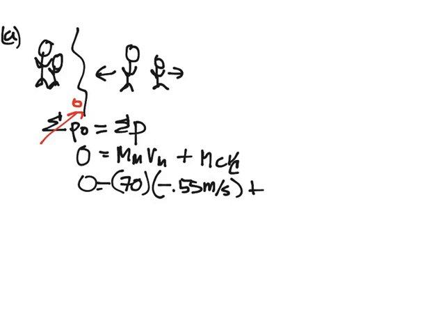Okay, and then the mass of the child we know is 35 kilograms. We don't know the child's final velocity. Okay, so we can pretty easily solve for VC. I'm going to spare you the algebraic details, but when we go ahead and solve, we find that VC is equal to 1.1 meters per second.